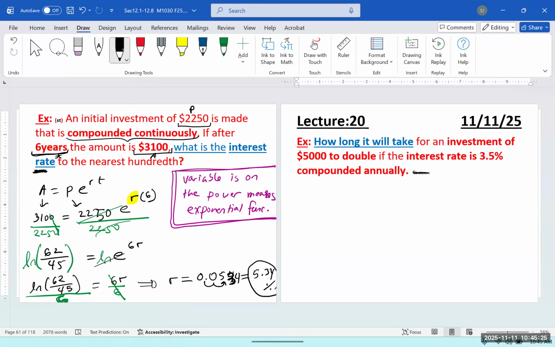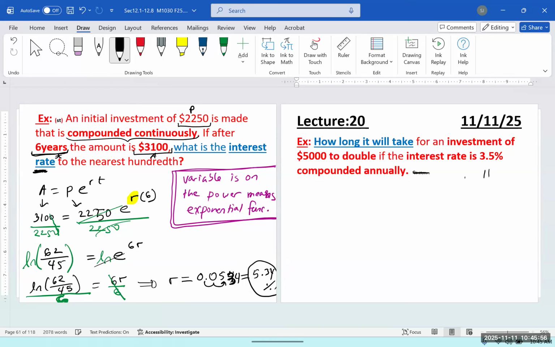What is double of $5,000? $10,000. So you want the final result to be $10,000. You went to the bank and told the bank about your scenario. The bank said, okay, no problem, I'm going to give you a 3.5% interest rate. And now you're asking the bank, with that low interest rate, how long do I have to wait for my $5,000 to turn into $10,000?